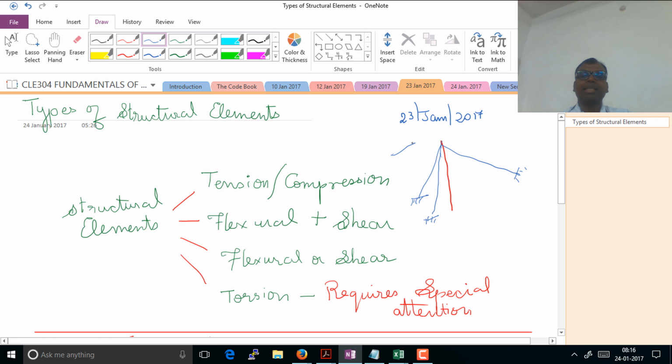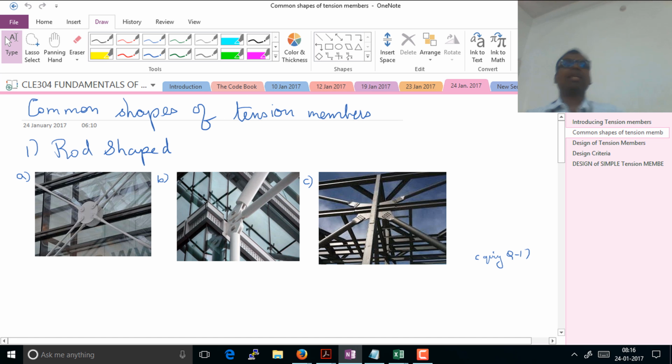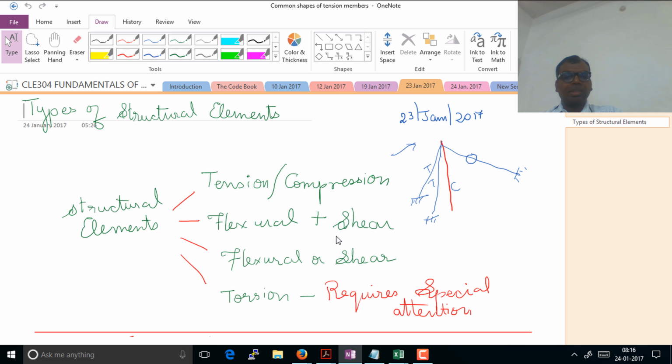Suppose wind is acting in this direction, these two will be in tension, and this member will not have any force. This pole will always be in compression. But if you are looking at the typical picture which I am showing here, this will alternate between tension and compression.